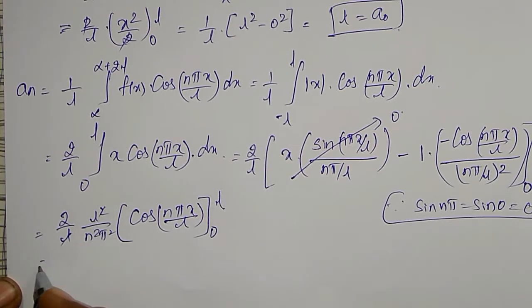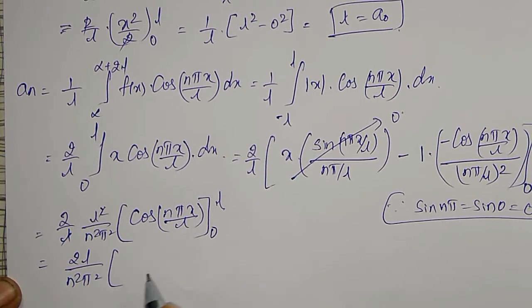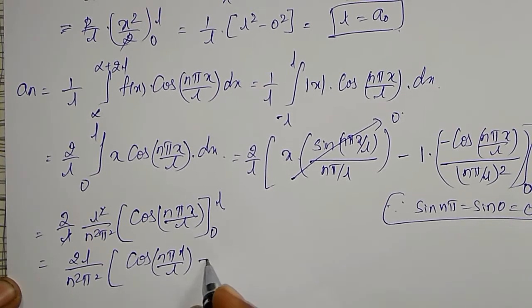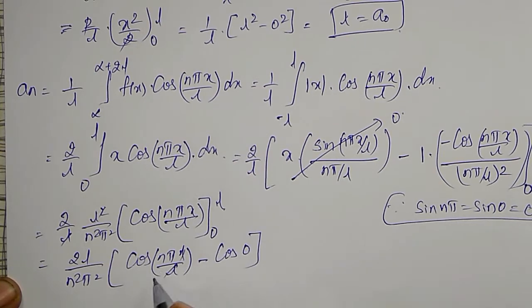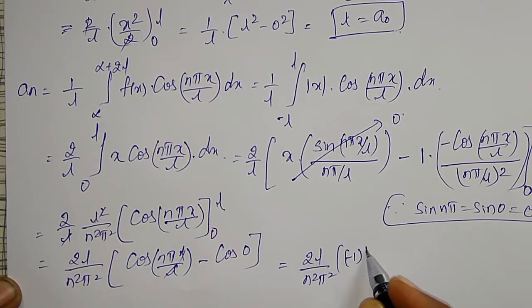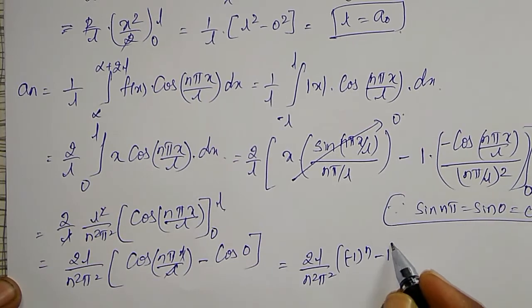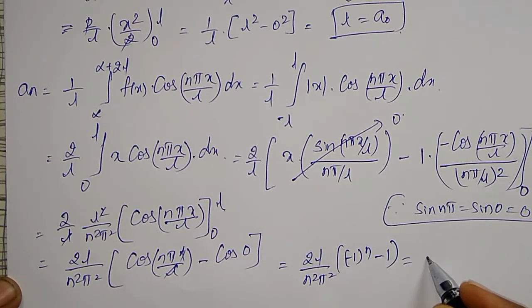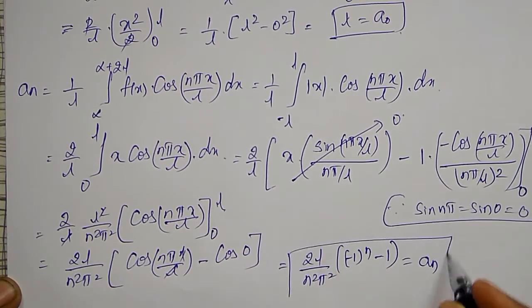One of the L cancels, therefore 2L divided by n square pi square into, x equal to L, cos n pi L divided by L minus cos 0. Pi cancels, cos n pi is minus 1 raised to n. Therefore this is 2L divided by n square pi square into minus 1 raised to n minus 1. This is equal to my An.